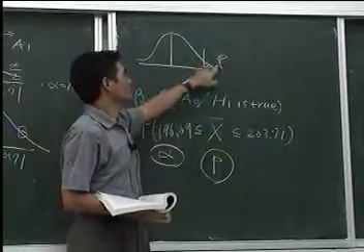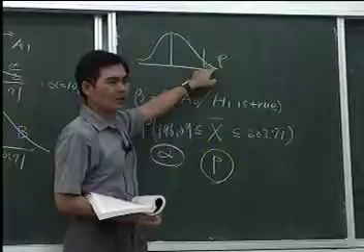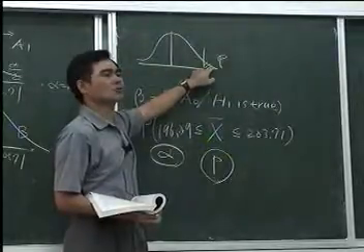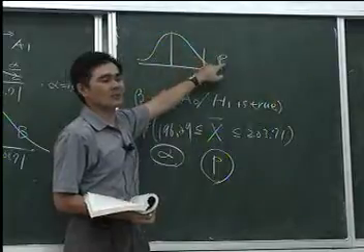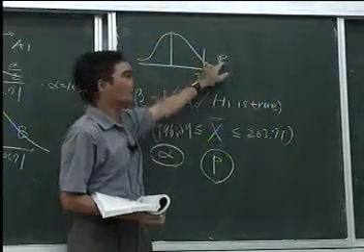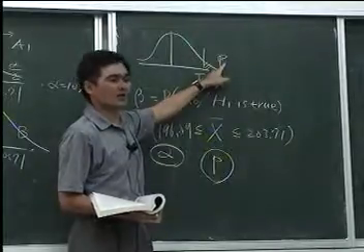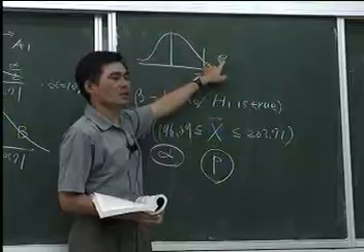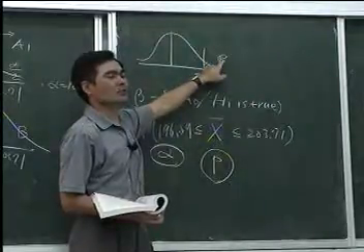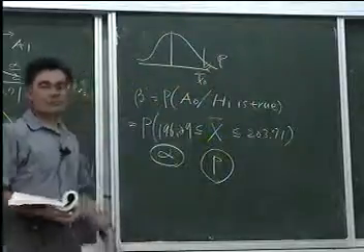Accepting H1 is the same thing as rejecting H naught. So the smaller this one is, your decision will be closer to accept H1. The larger this is, then the decision will be closer to take H naught, okay?